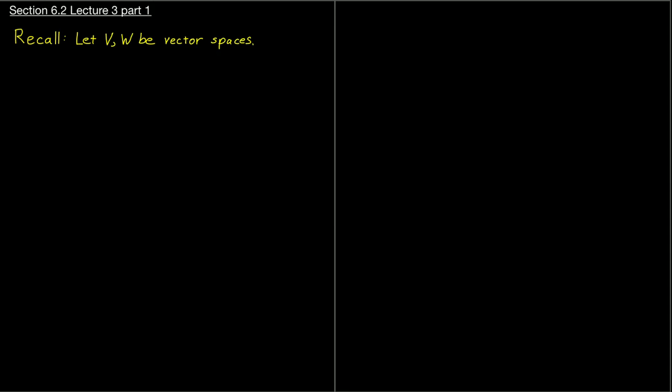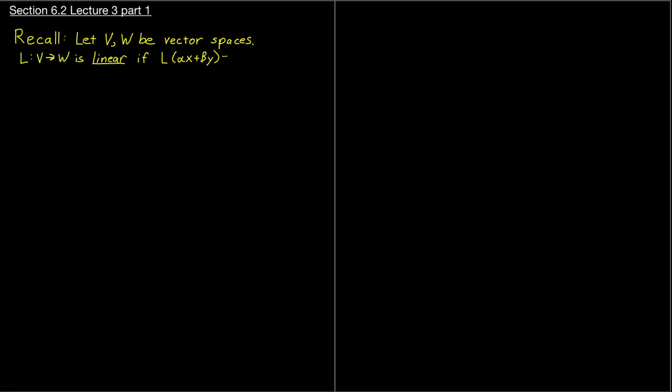And then a function L from V to W is linear if you can break it up over addition and scalar multiplication. You can write that as a single equation.